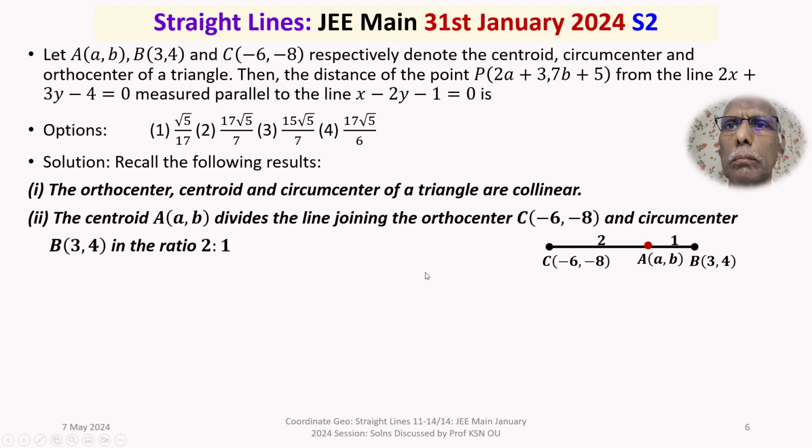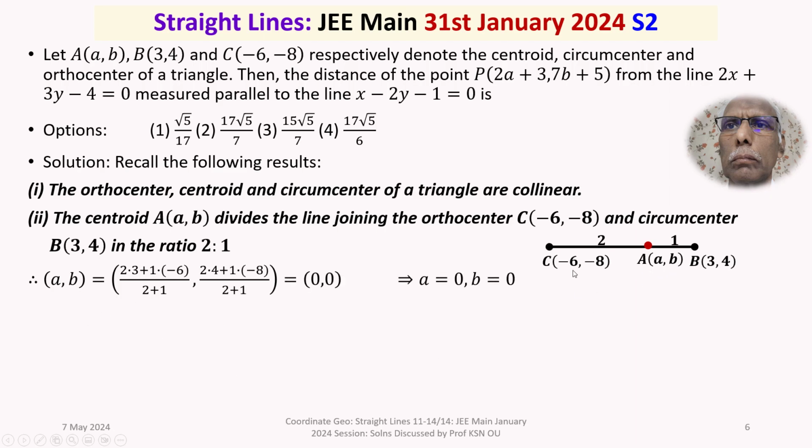So using the section formula, the coordinates of A are ((2 times 3 plus 1 times minus 6) by (2 plus 1), (2 times 4 plus 1 times minus 8) by (2 plus 1)). If you compute, this is 0, and this is also 0.